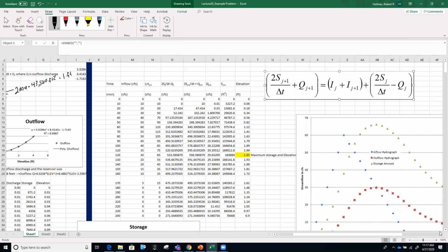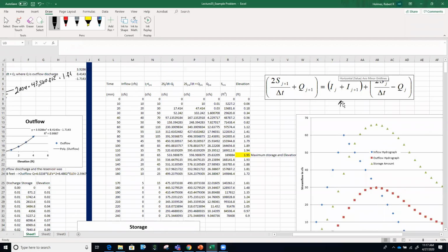The first thing I'm going to get is the value of Ij plus Ij plus 1. When I'm in cell N9, the j plus 1 time step is the one I'm on, and the previous time step is the j.